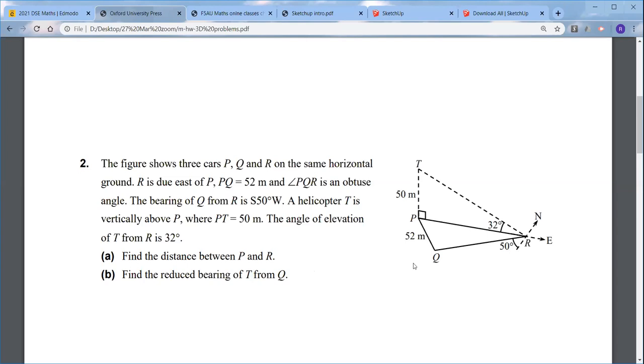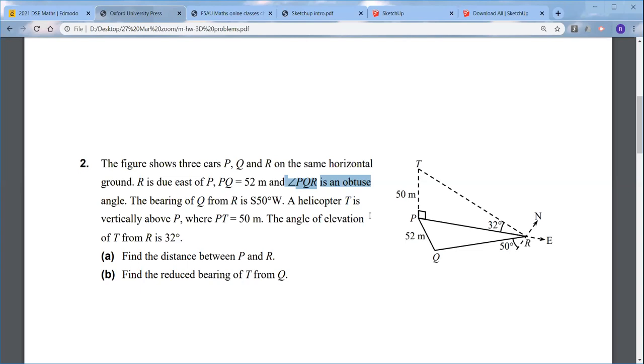And now this diagram is kind of tricky if you look at the two-dimensional space. Some students make the mistake of thinking that angle PQR is a right angle. But it is stated explicitly in the question that angle PQR is an obtuse angle. It is not a right angle, right?